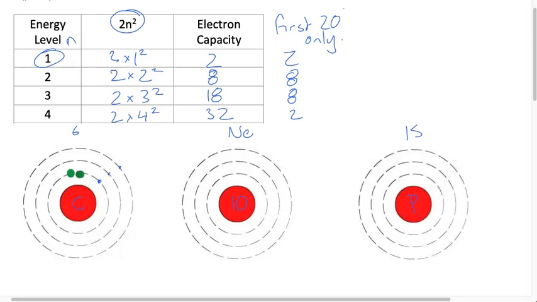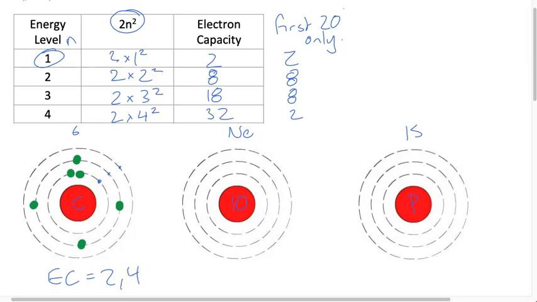We want to give these as much space as possible, 1, 2, 3, 4. That gives me my 6 electrons. So my electron configuration is the number of electrons at energy level 1, and then the number at energy level 2. So the electron configuration here is 2, 4.